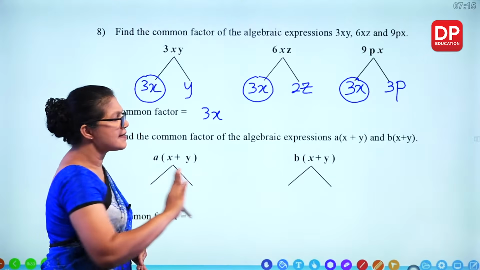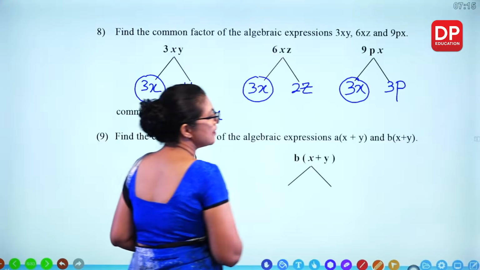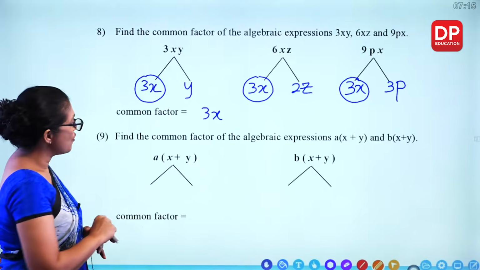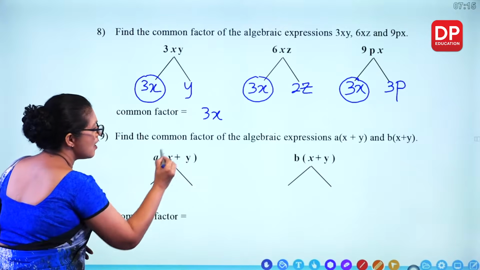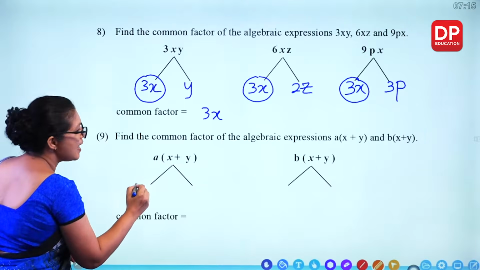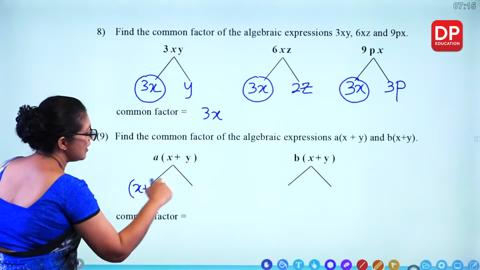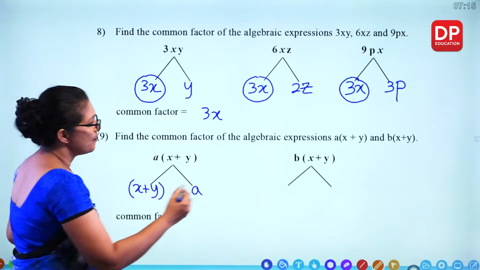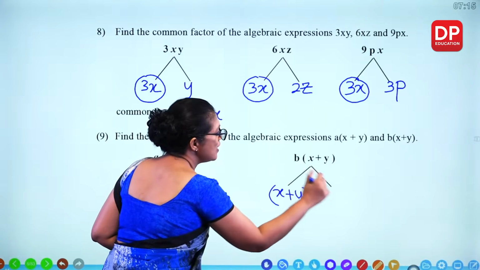Now in this one, it's slightly different. So you are getting expressions. Now try ax plus y. So this is one expression. So that's a factor. So I can write x plus y, one expression into a. Here also x plus y is one expression into b.